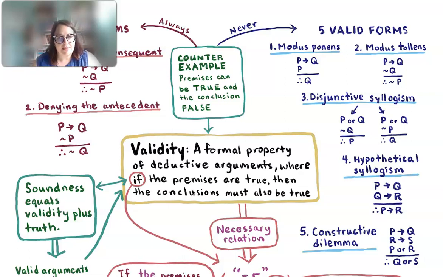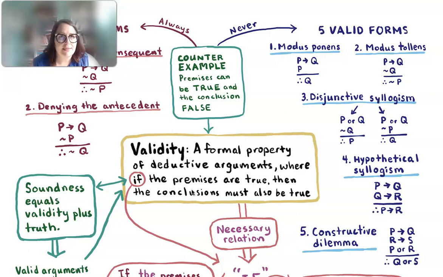So if the premises are true, if we are assuming that they are true, they force the conclusion to be true by virtue of the form. So another way to put this definition is to say there is no way for the premises to be true and the conclusion false. That is kind of a counterexample.